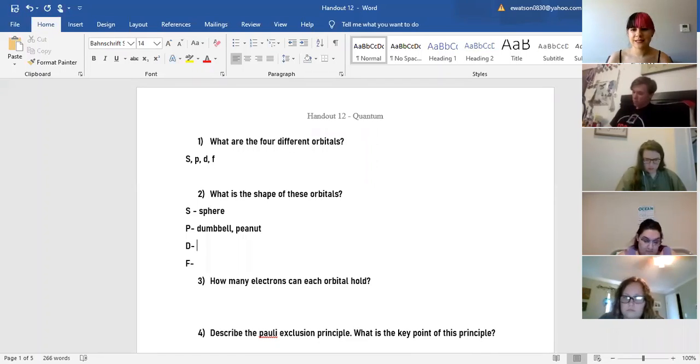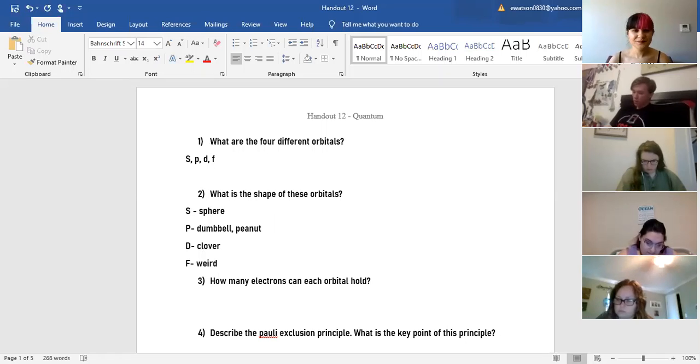What about D? Like a flower, or a clover. The F orbital is just weird. There's no defined shape.